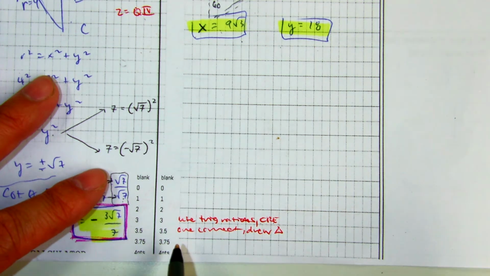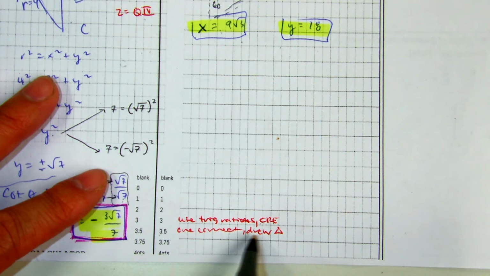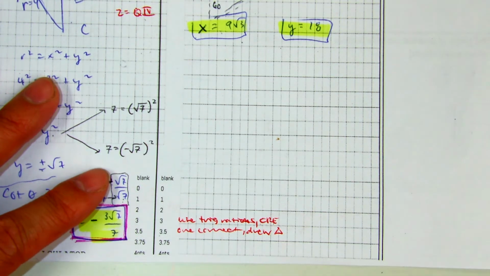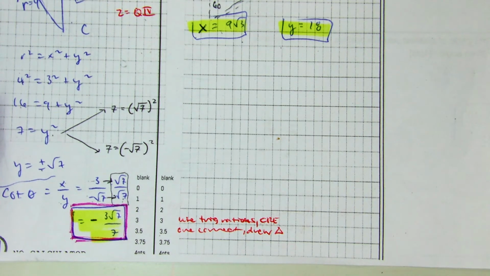I gave you 3.5 points if you found one of those to be correct, or you drew the triangle correctly and you got one of those correct. So this front side was out of 12 points.